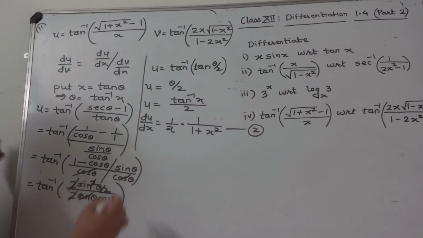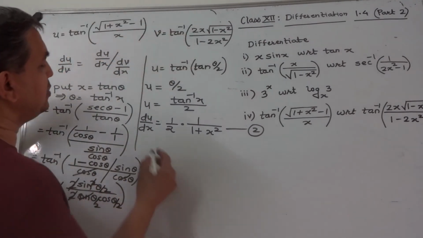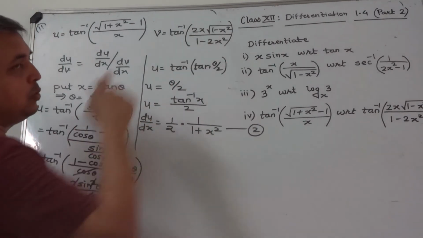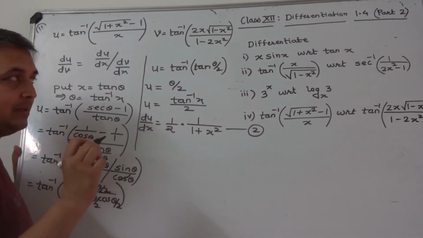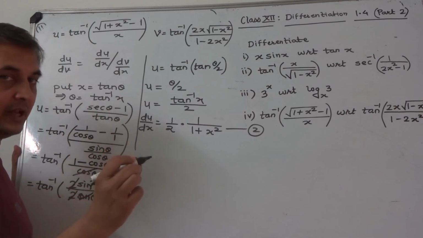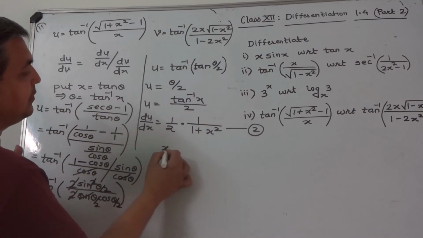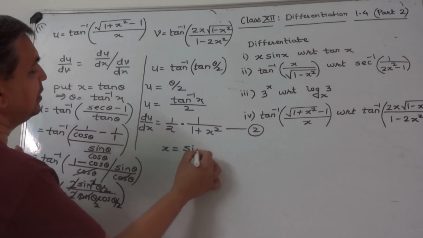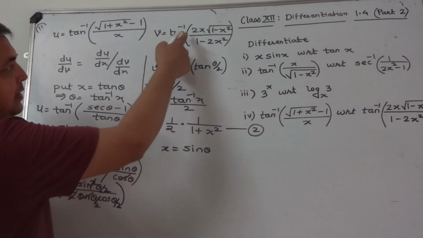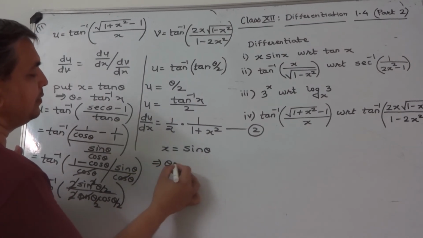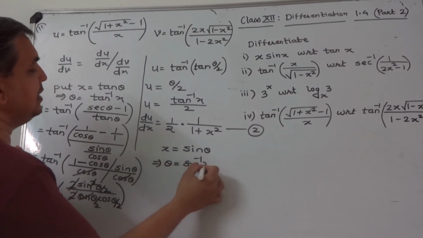Now let us find dv by dx. What substitution we can use over here? This is 1 minus 2x square. We know the formula, 1 minus 2 sine square theta is equal to cos 2 theta. So we can use x equal to sine theta in this. So which implies theta equal to sine inverse x.